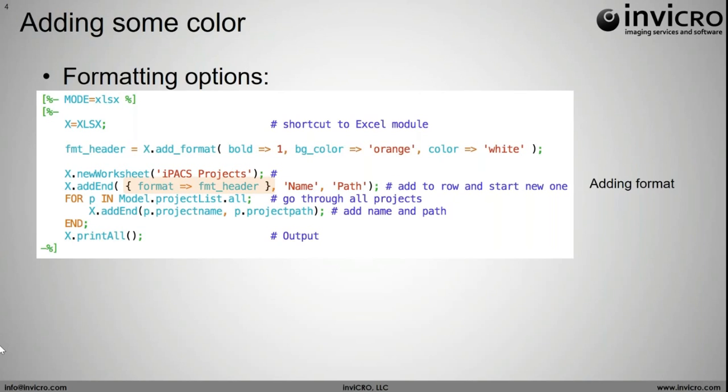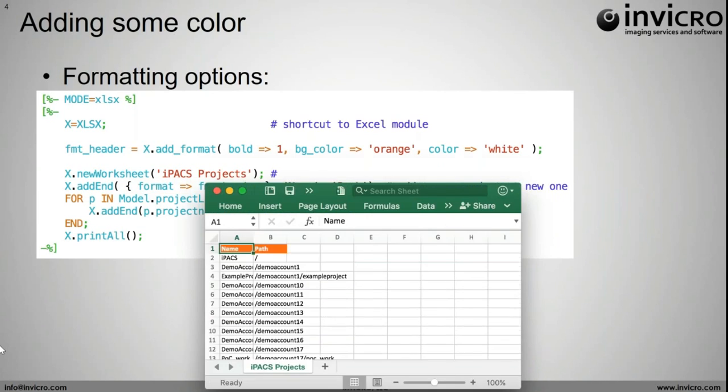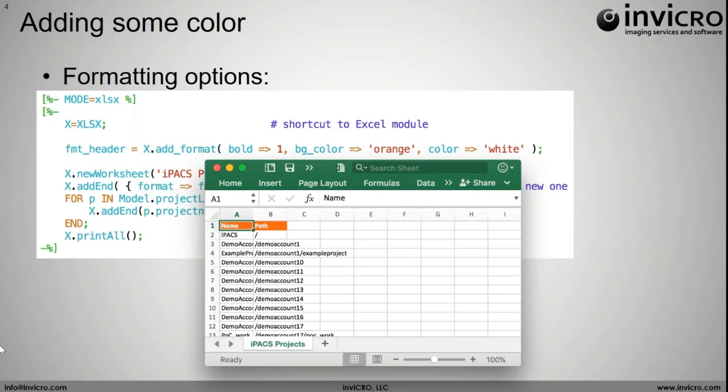And otherwise, it's pretty much the same. I just specify in my add line which format should be used for this entire line. If I have a format that's the first parameter, it's applied to the rest of all parameters, but I could also have individual ones, as we will see later. The rest of the script is exactly the same. When you see the output here, I now have nicely column headers defined.